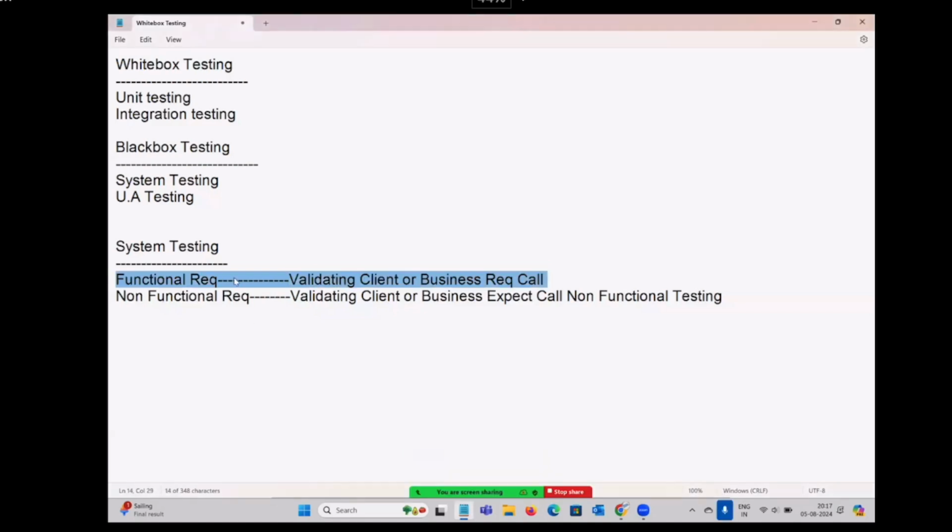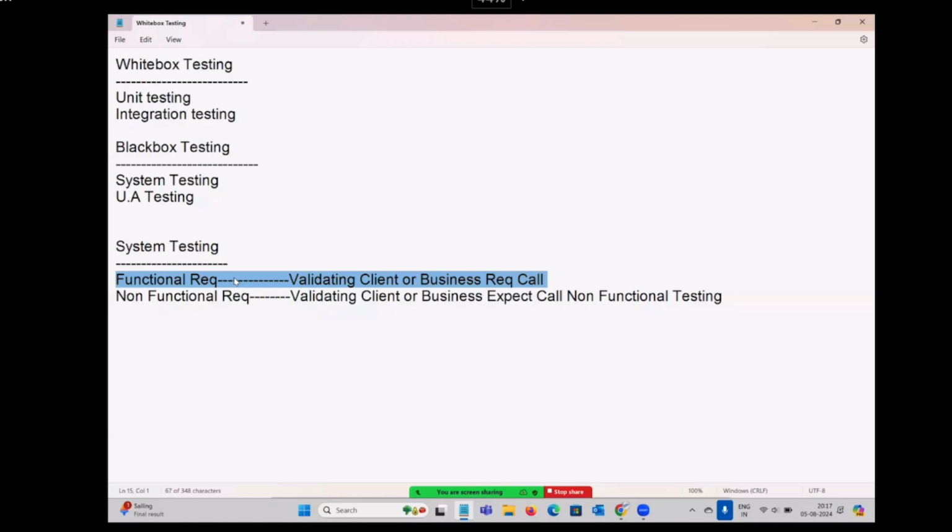First, once the project is scheduled, we have to focus on functional requirements. Whenever 100% functional requirements are completed, then we can validate the types of non-functional testings.